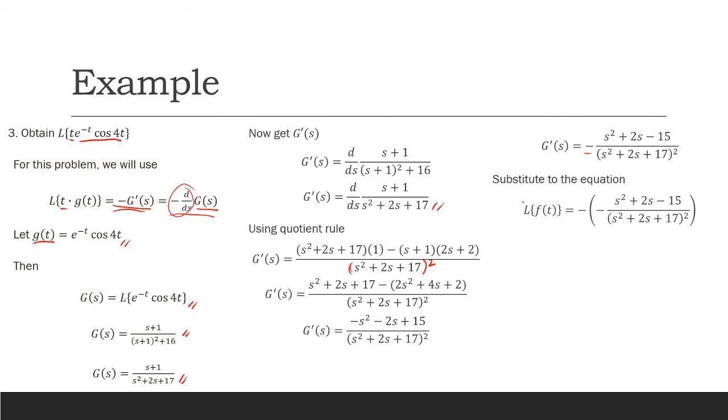We will have the Laplace of f of t is therefore equal to negative of negative s squared plus 2s minus 15 over s squared plus 2s plus 17 squared. So this is simply the answer: s squared plus 2s minus 15 over s squared plus 2s plus 17 raised to 2. Yun, ganun lang siya.